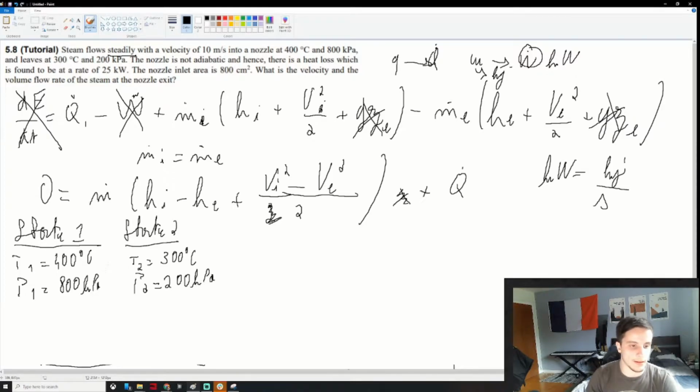Okay. And we know steam flows steadily. Okay, steam. We don't see anything else, so we're going to assume that it stays as steam throughout.